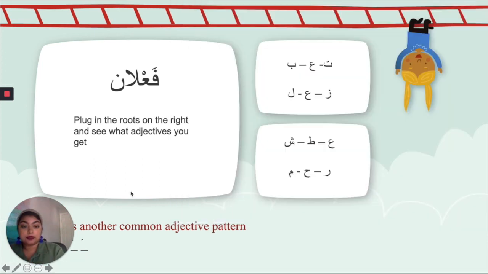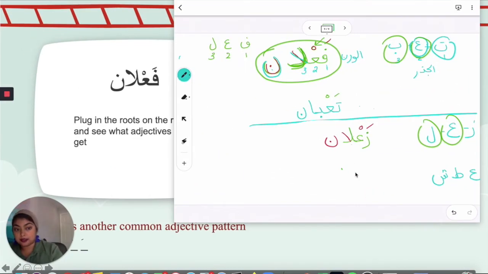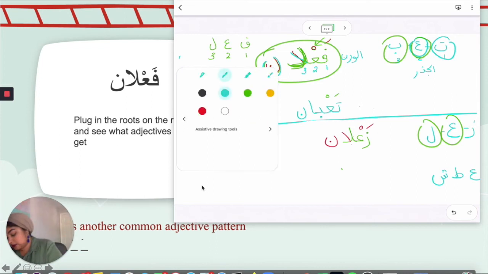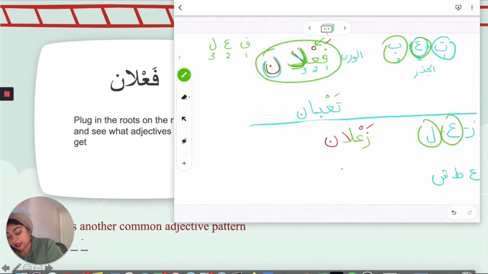Za'alan. Okay, let's do the same thing here: ayn, fa, sheen. Go ahead, do that and come back. Okay, replace it. We have ayn, the first letter, the second letter, the third root letter.